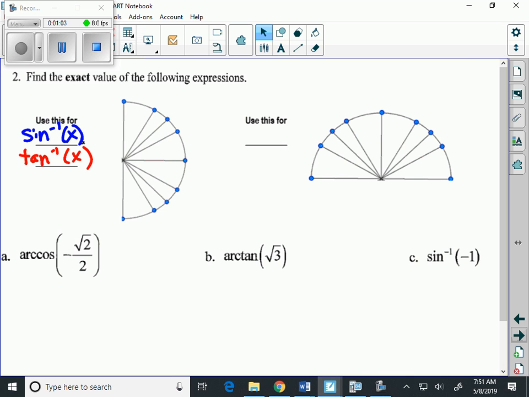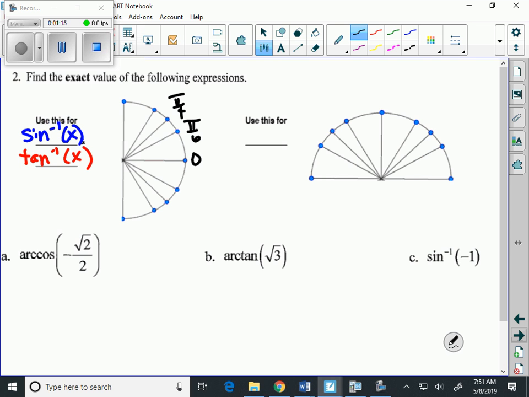And just a reminder that the only answers you are going to get when you do sine or tangent are 0, pi over 6, pi over 4, pi over 3, pi over 2, and their opposites: negative pi over 6, negative pi over 4, negative pi over 3, negative pi over 2.